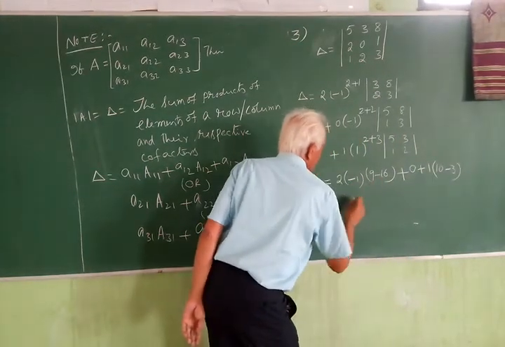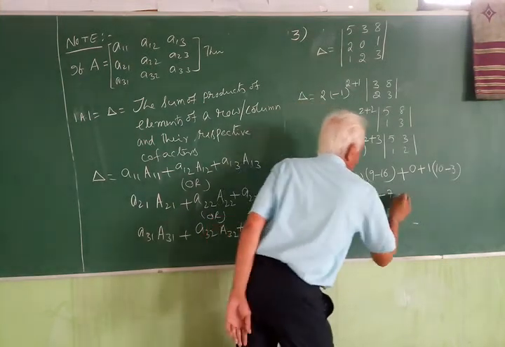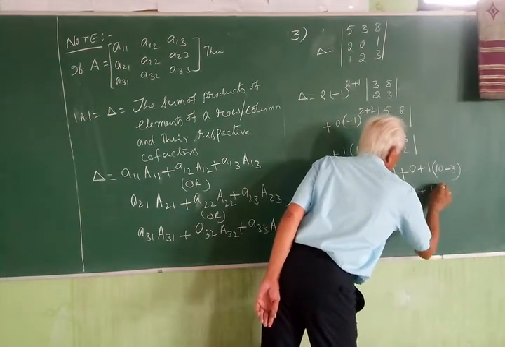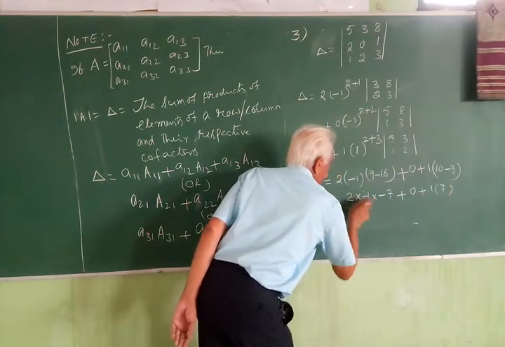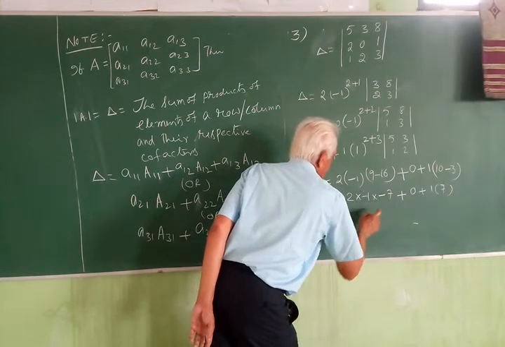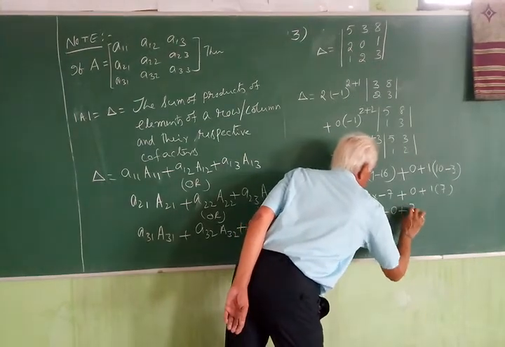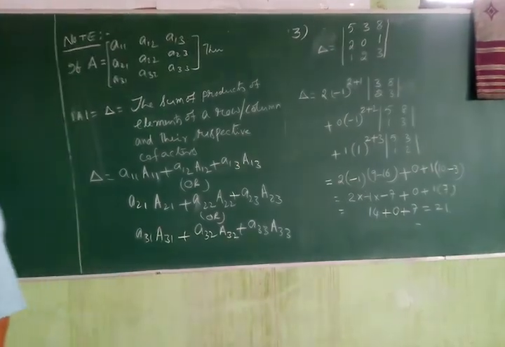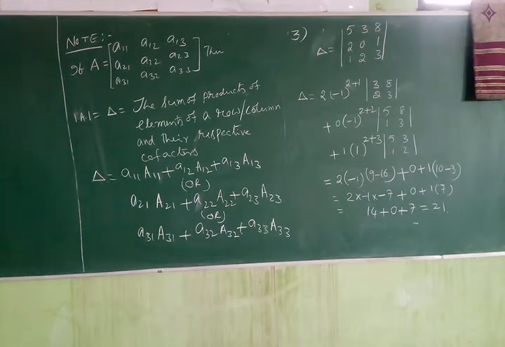This is equal to 2 into minus 1 into minus 7 plus 0 plus 1 into 7. So this is equal to how much? Minus into minus is plus, 2 7s are 14, plus 0, plus 7 is equal to 21. The value will be the same if you consider any row elements or any column elements.